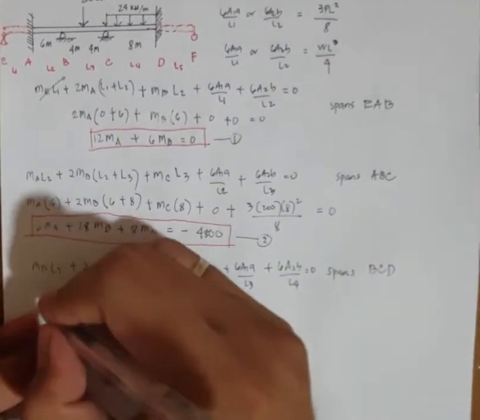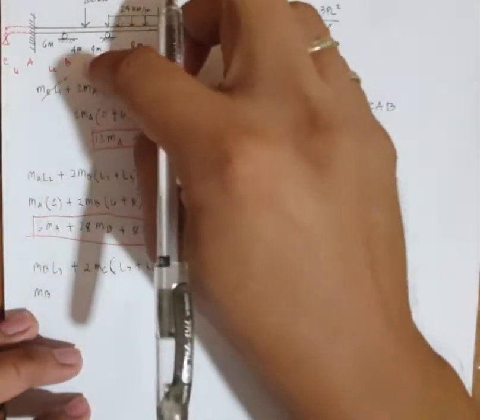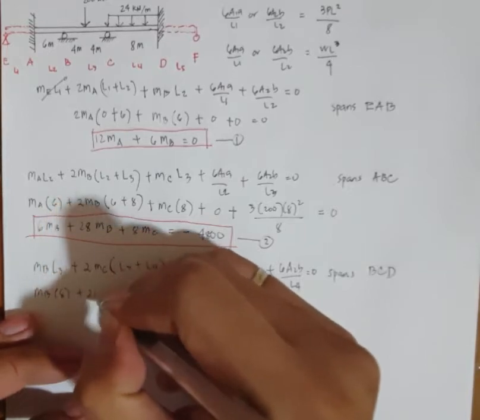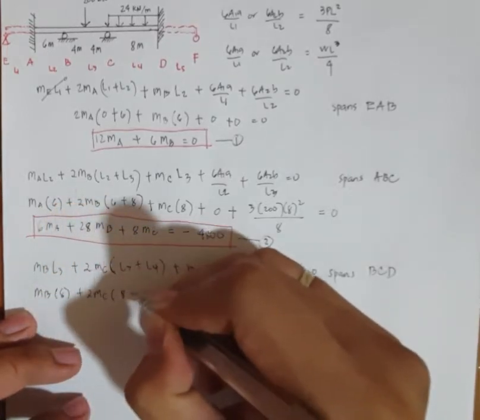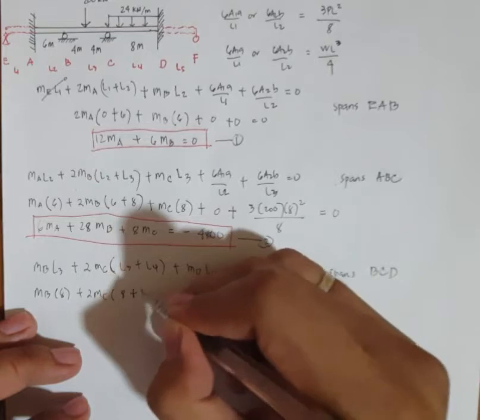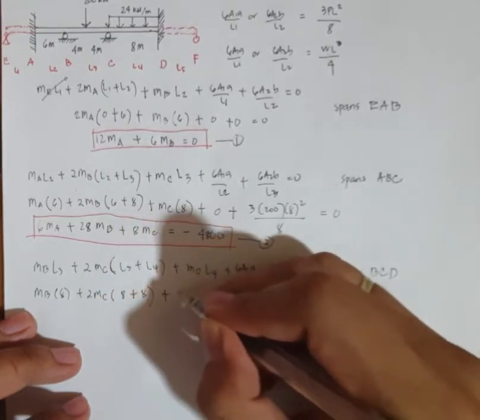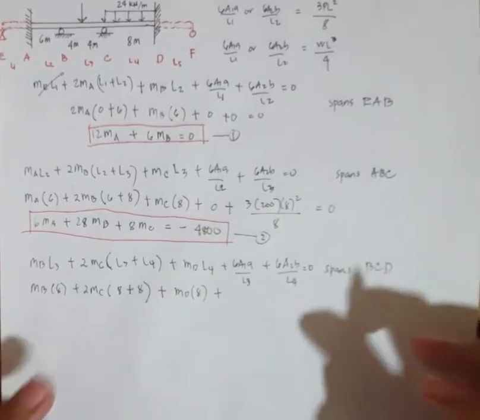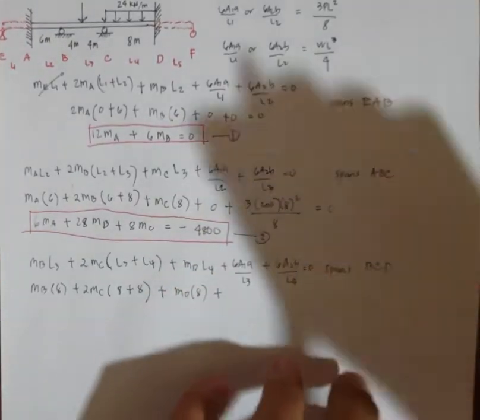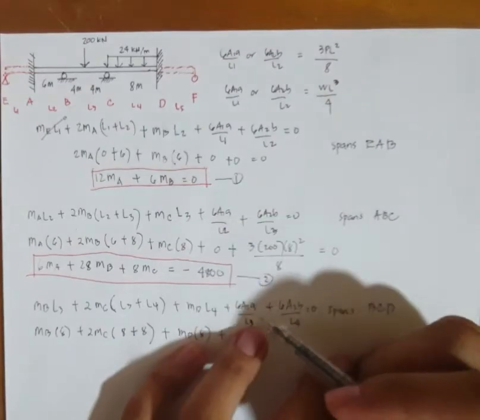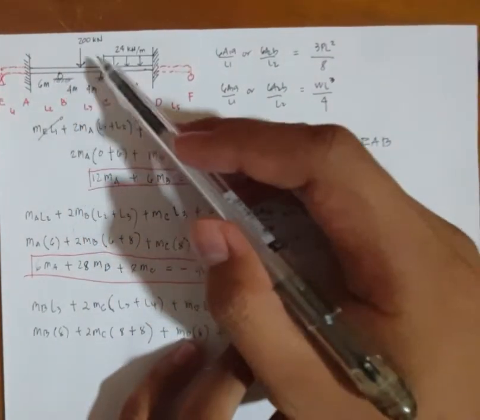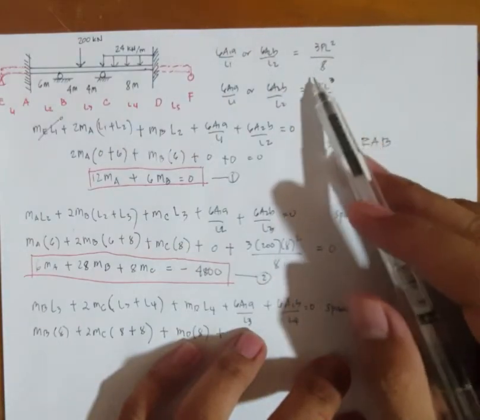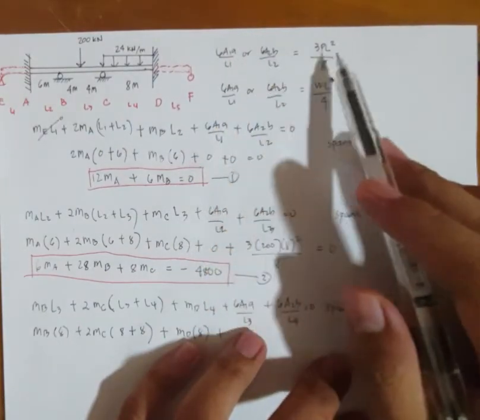Okay, moment at B, L3 is 8 meters. 2MC, L3 is 8 plus L4 is another 8, plus MD, L4 is 8, plus 6A1A over L3, that is 3PL squared over 8. So it becomes general.